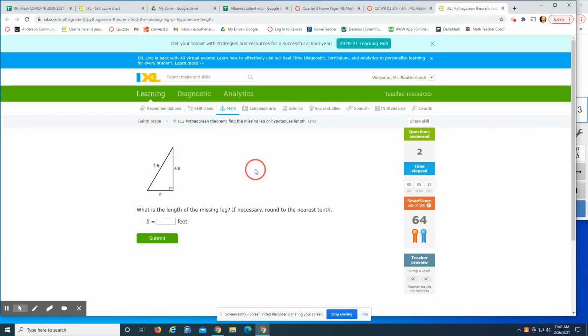Okay, so if we're doing this one here, this one's C, this one's A, and so we would do 6 squared plus B squared is equal to 7 squared.